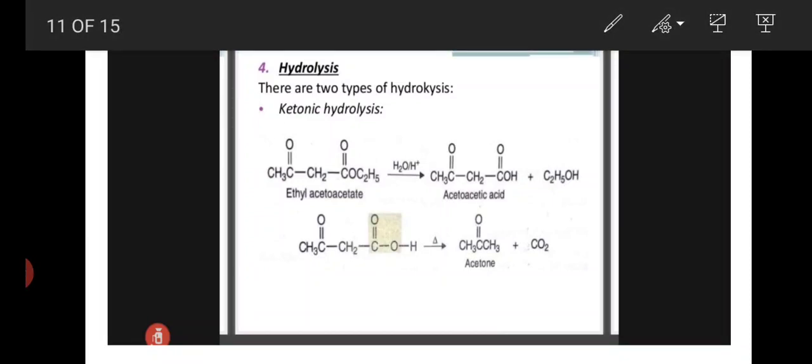Next is hydrolysis. There are two types of hydrolysis. One is ketonic hydrolysis. In ketonic hydrolysis, ethyl acetoacetate on hydrolysis with water forms acetoacetic acid plus ethyl alcohol.